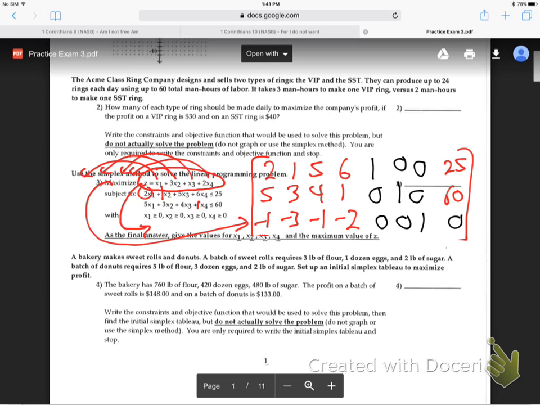Might have to click on it twice. 22, yeah. Excuse me. That wind's really getting me. 1, 3, negative 3, and 2, 5, negative 1. Looks great. Okay. Program, Simplex, go.